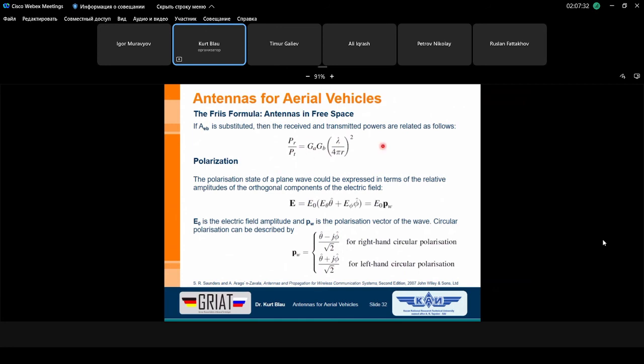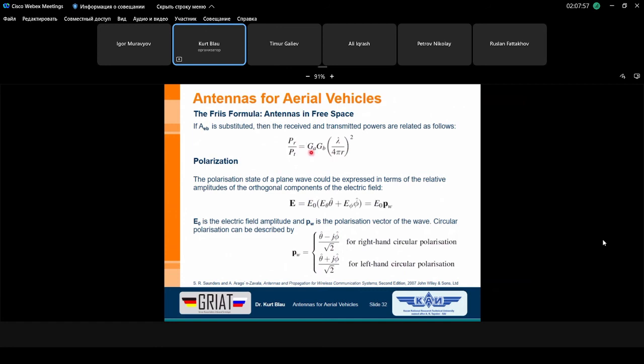And this gives us the so-called transmission behavior between two points with an antenna gain A and an antenna gain B. Here this determines the distance between the two antennas.